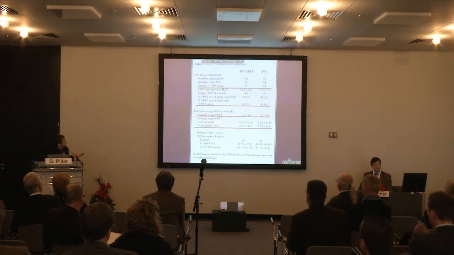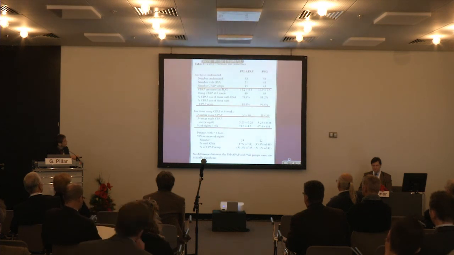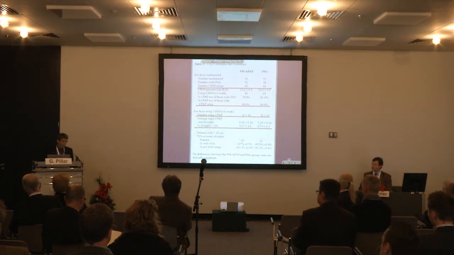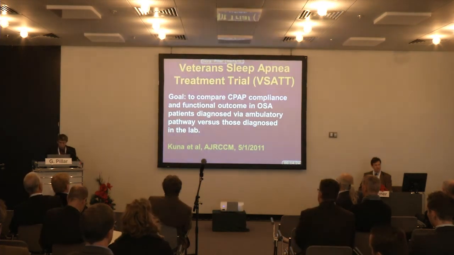You can see that the numbers of CPAPs were more or less similar, 40 versus 39, and the percent of nights with usage of more than 4 hours was slightly better in the portable monitoring arm than in the PSG arm. So they concluded that it's comparable. It's not worse in terms of outcome if the diagnosis and the CPAP titration were performed in the home.